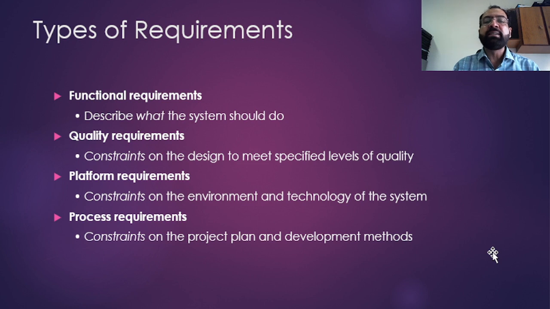So all of these are platform requirements which are important. Or for example, you want to have a mobile based application, let's suppose for Android users. So you are specific, therefore there are certain platform requirements.